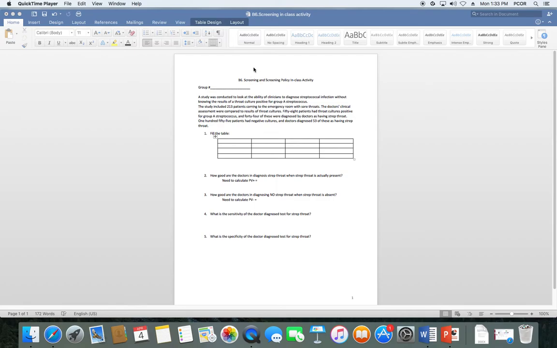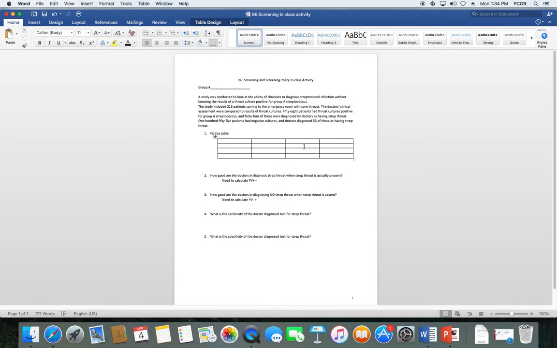In order to answer this exercise, the group has to work together first and foremost to fill this 2x2 table correctly, because your answer will depend on placing the correct information on the 2x2 table, because the calculation will be pulled from the 2x2 table.